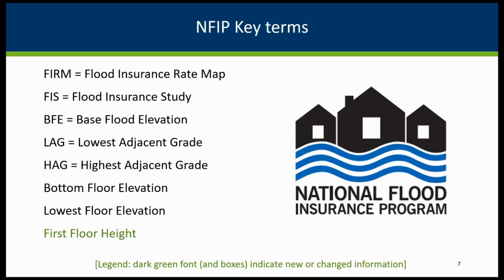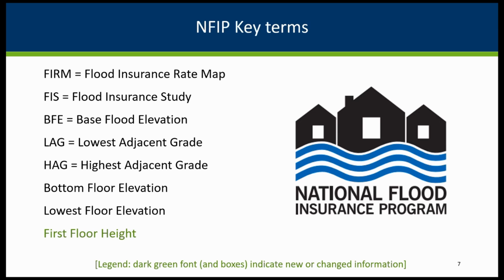The base flood elevation is also known as the 100-year elevation or the 1% annual chance flood elevation, but base flood elevation is basically what FEMA uses in these documents and much of their requirements.